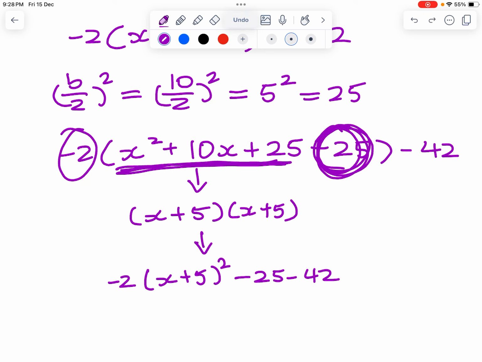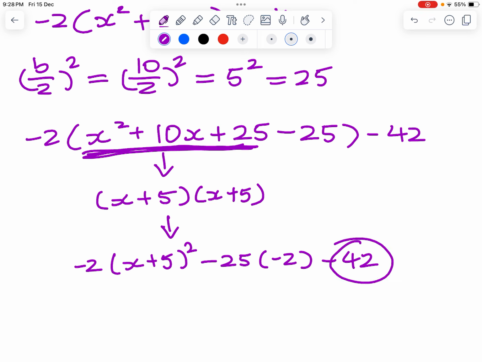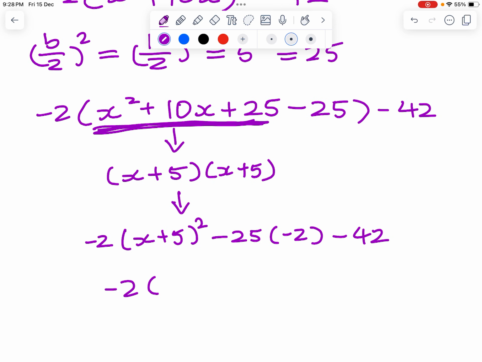If we multiply, we get negative 25 times negative 2, and then minus 42. The negative 42 we don't need to multiply by negative 2 since it's already outside. But because the negative 25 is inside, when we put it outside, we always need to multiply by the value out front.